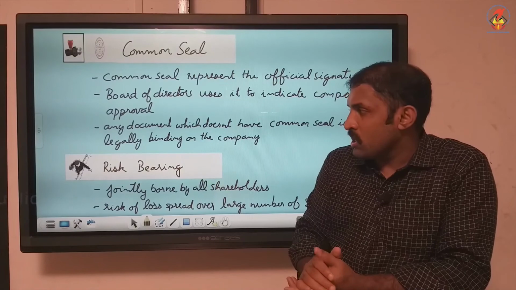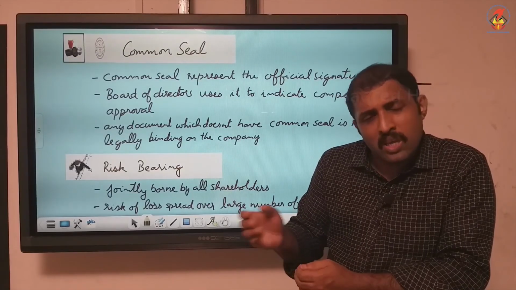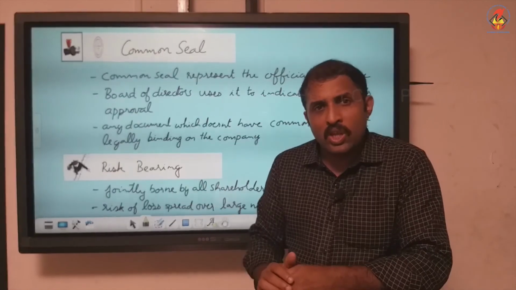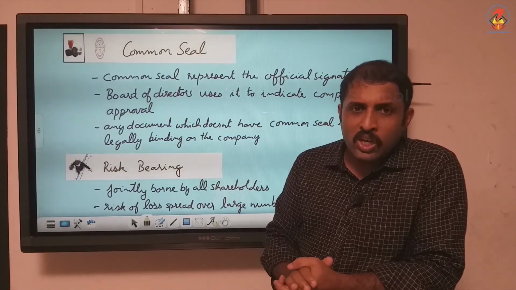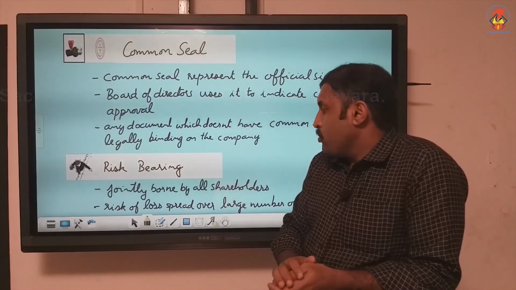And the last one is regarding risk bearing. We have already seen in another type of business, especially in partnership, the risk is borne by everyone. Here also, the same thing happens. Risk is borne jointly by shareholders to the extent of what they have contributed.